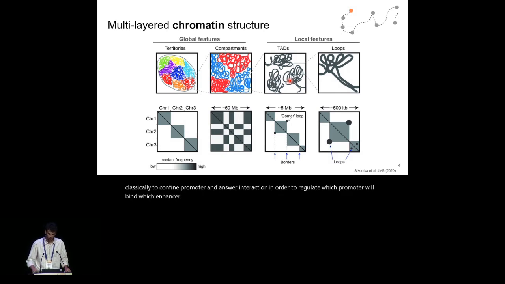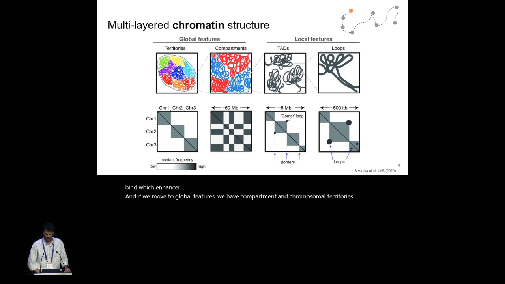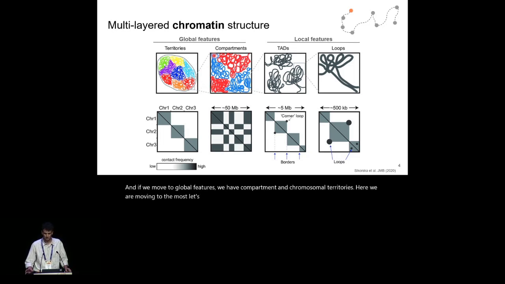And if we move to global features, we have compartments and chromosomal territories. Here we are moving to the most, let's say, 3D part of the chromatin organization. Chromosomal territories are self-explanatory, while compartments are classically two, A compartment and B compartment. A is active chromatin, B correlates with the repressive one.